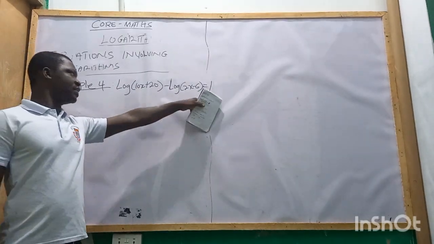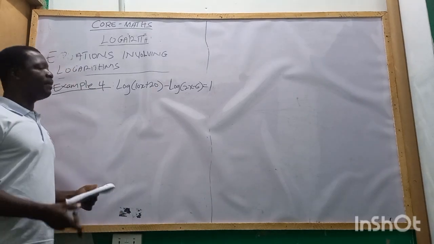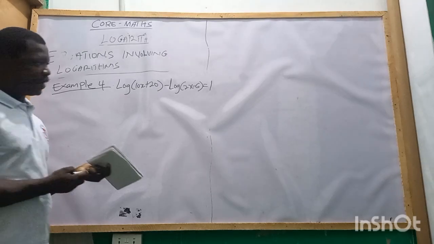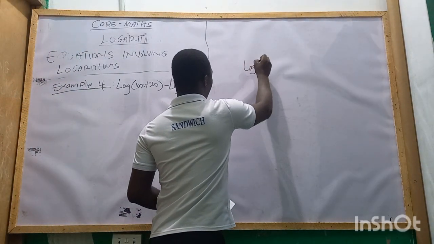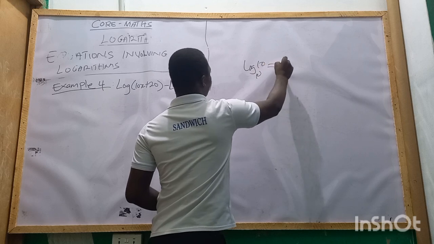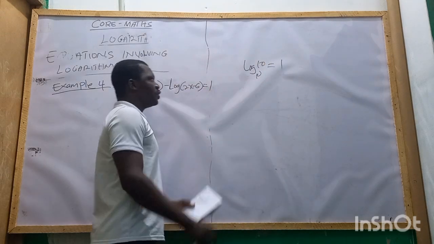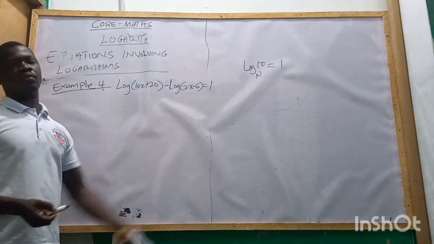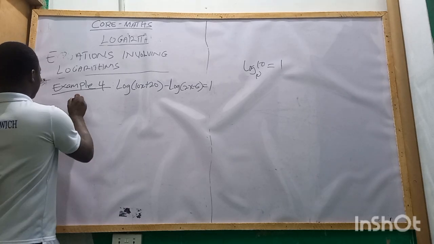So since we are working base 10, log to which number base 10 will give you 1, right? And we know that log 10 to the base 10 equal to what? 1. So instead of 1, we write what? Log 10. Because it's base 10, so we don't write the base, right? Okay, so let's proceed.